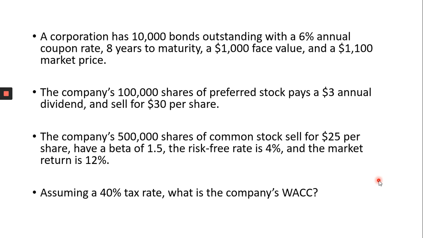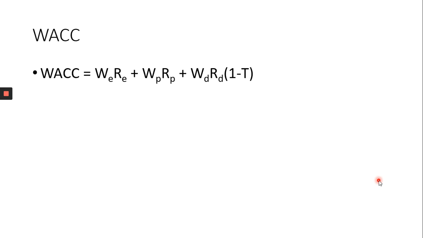Let's first remember, what does the WACC formula look like? This is the WACC formula. Here, this is the weight for equity, weight for preference share, weight for debt. This is the return for equity, return for preferred share, and return for debt. This is 1 minus T, which means 1 minus the tax rate.